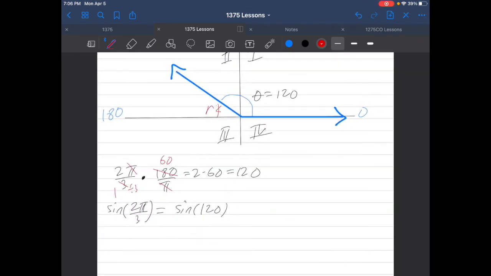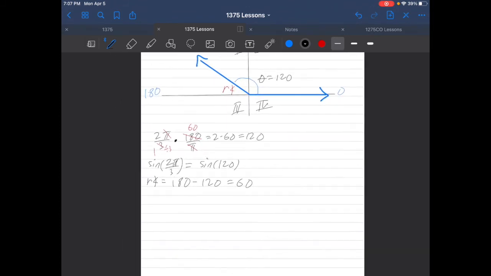The reference angle, we want to get just this piece right here. So if we take 180 minus 120, because 180 would be all the way out here, and 120 is over here, so we're just looking for that piece in between. This is equal to 60 degrees, and this is our reference angle measure, 60 degrees.